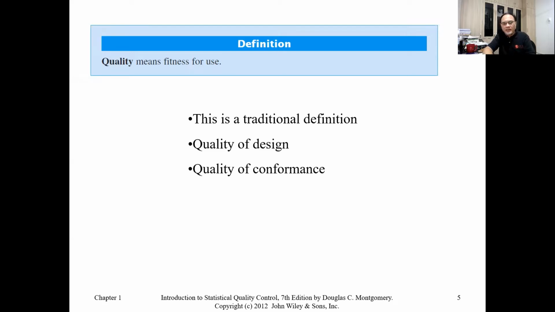And of course, it depends on the quality of conformance as well. That means when we produce the product, we must make sure that all the specifications, all the physical requirements are being met, and it can be done through inspection and measurement. So this is the typical way that we view quality.